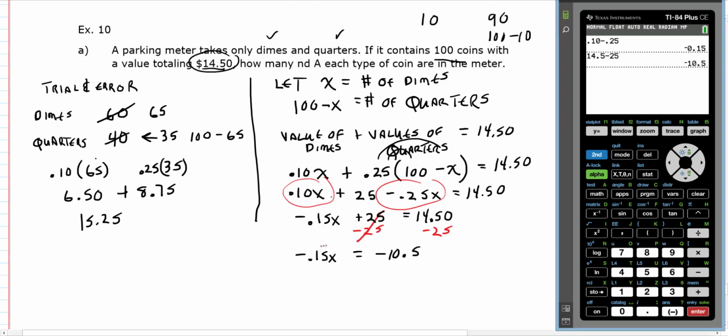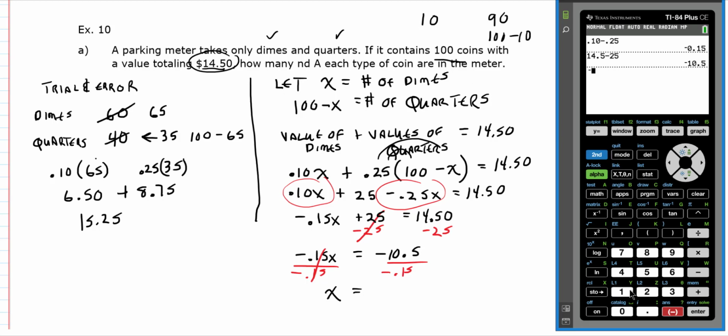And then I finish up by dividing by the negative 0.15. That'll give what x is, and x is the number of dimes. The two negatives are going to divide out, so you'll get a positive number. If you didn't get a positive number, it wouldn't make any sense. So we get 70 dimes.